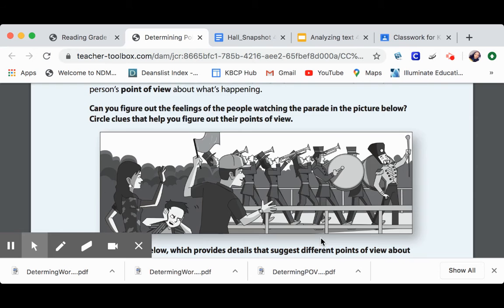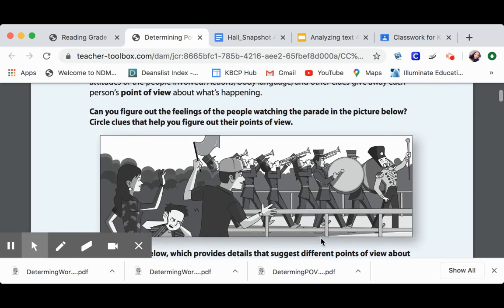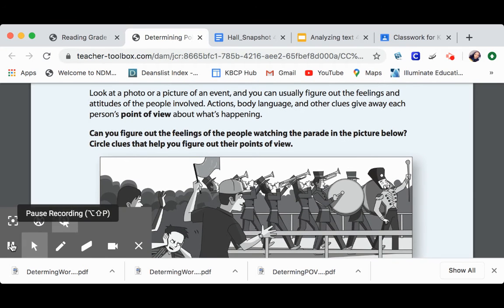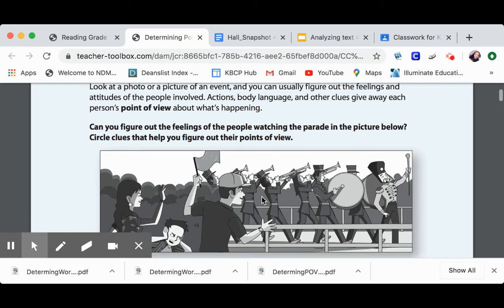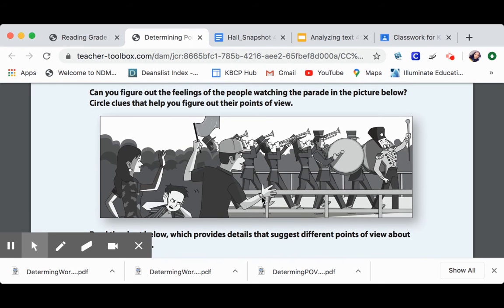Let's think about what point of view is first. Think about what I just read: actions, body language, and other clues that give away each person's point of view. Just by that, I want us to look at this picture, and based off this picture, think about the different points of view of the people who are watching the parade.